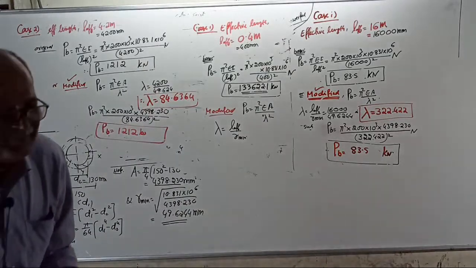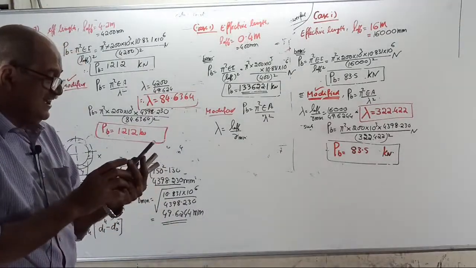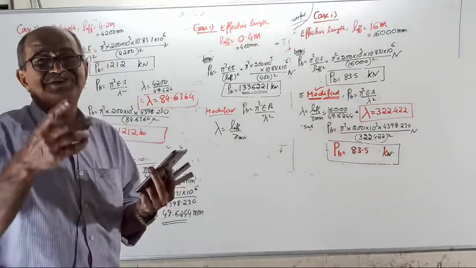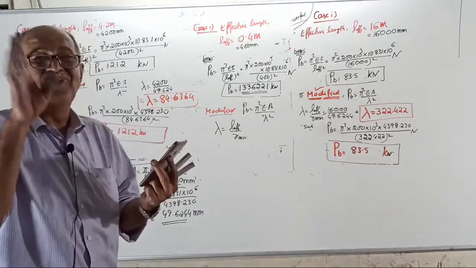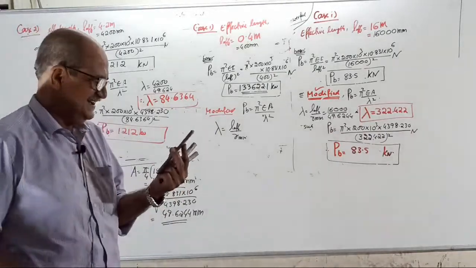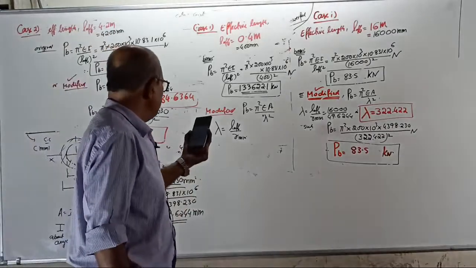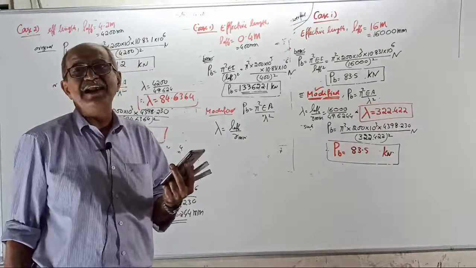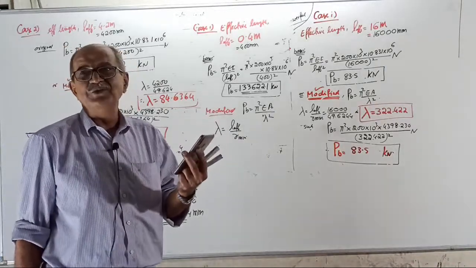I think to convert Newton to kilonewton, you divide by 10 to the power 6, I think. Yes or no? Tell frankly. It happens sometimes. No catch. See, I told you, impossible. I got a shock actually. You divided by 10 to the power 6 to convert Newton to kilonewton.